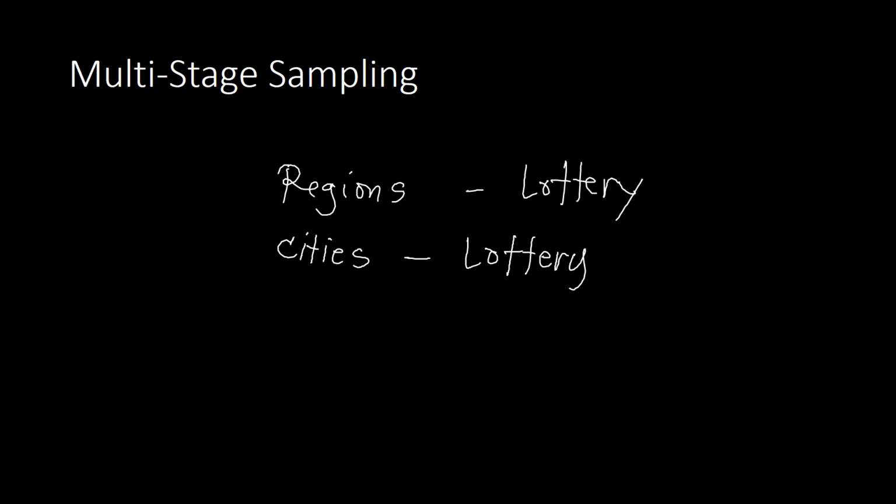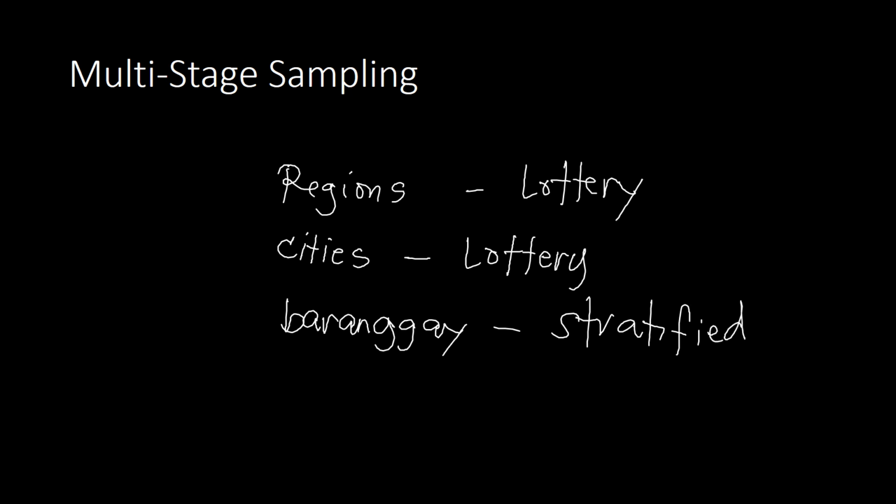Now, after that one, since for the city, you've got a lot of people as well, you are to narrow it down into, let's say, for example, barangay. You wanted to have the barangay now. So in that one, you can have it under stratified in choosing that one, in which you will be grouping the barangay per division or district. So you can have that one.